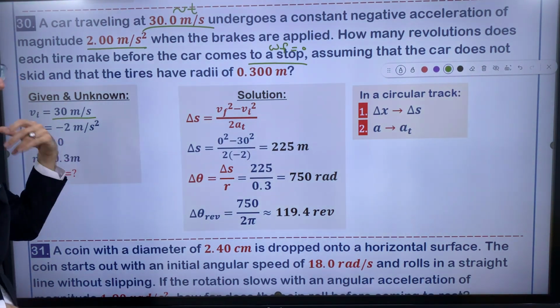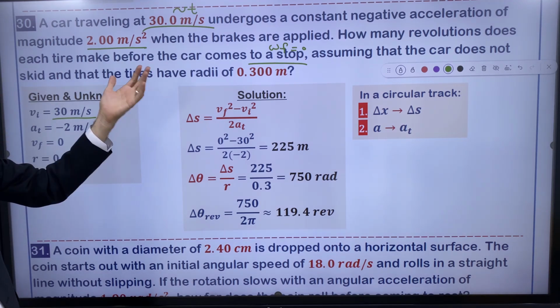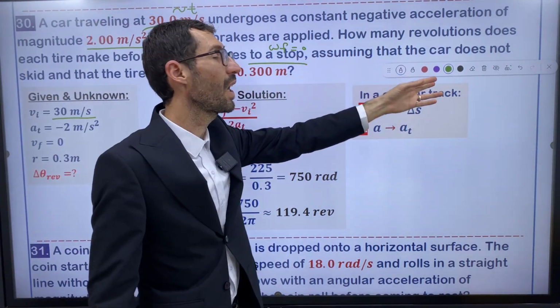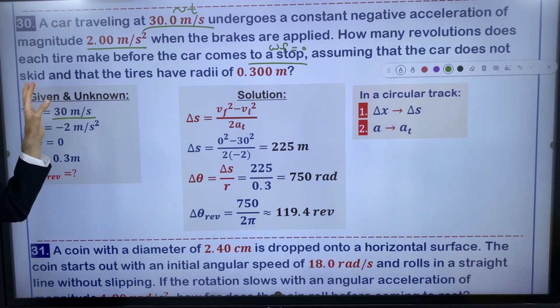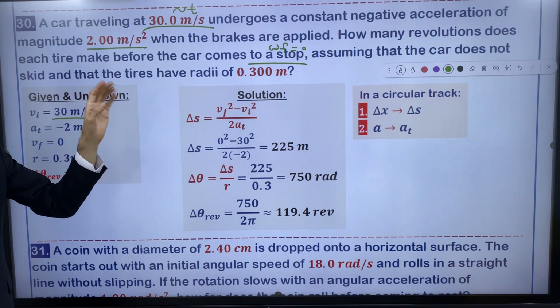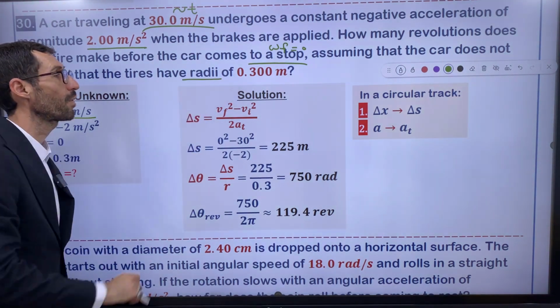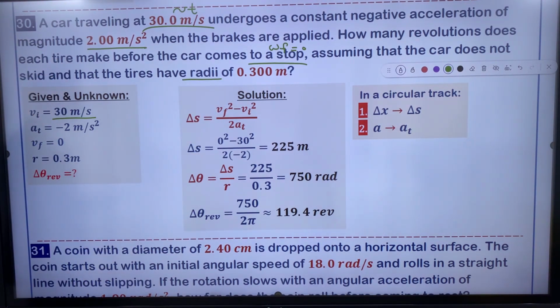Let me read it, let's keep going. Assuming that the car does not skid and that the tires have radii of 0.3 meters. So VI is present, aT is unknown, aT is given. VF is equal to 0 because it says the car eventually comes to rest.